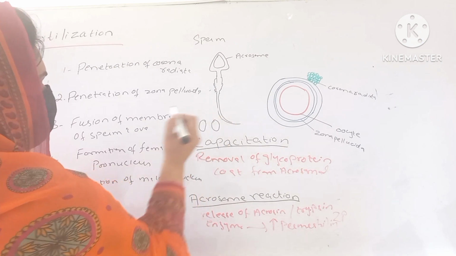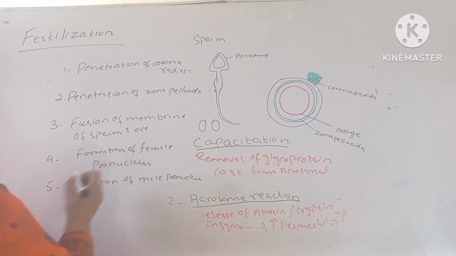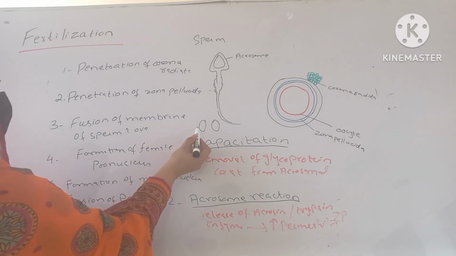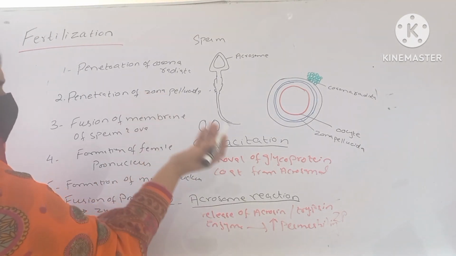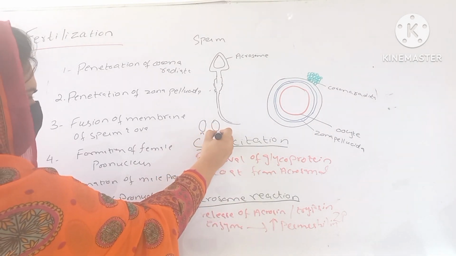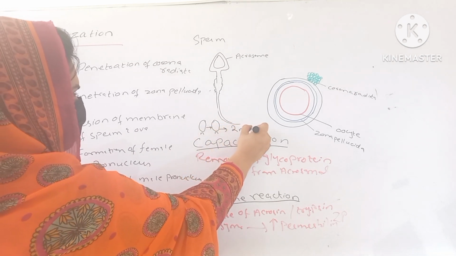Now these pronuclei have half the number of chromosomes. The final step is the fusion of the pronuclei to form the zygote. For this step, the pronuclei must undergo replication so that the number of chromosomes becomes n, and they fuse to form the 2n zygote.